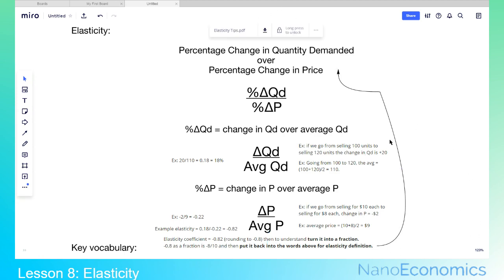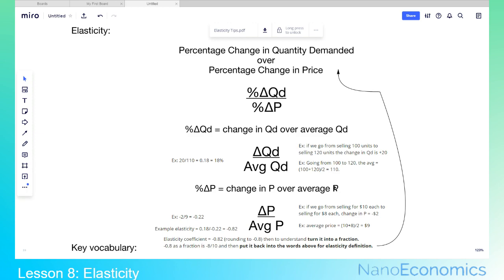And so what we want to say is you're going to have a negative 8% change in quantity demanded as a result of a 10% increase in price. Because we've got a negative 8 on top and a 10 on bottom, we know if we increase the price by 10%, we're going to decrease quantity demanded by 8%.